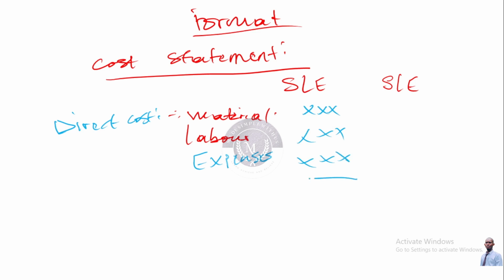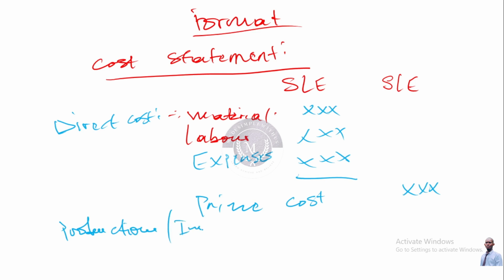The combination of these direct costs gives us what? Prime cost. After our prime cost, we deal with production overheads, which we also name as all indirect cost. Production overheads talk about all indirect cost.